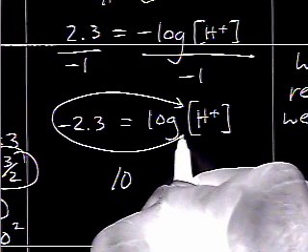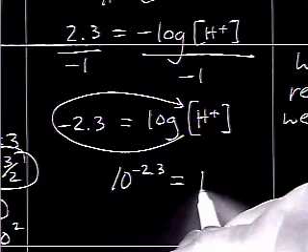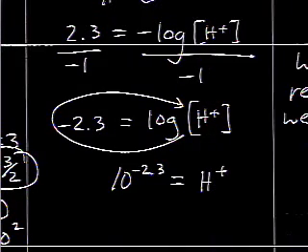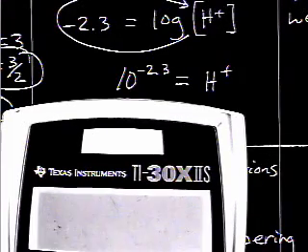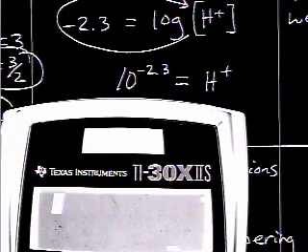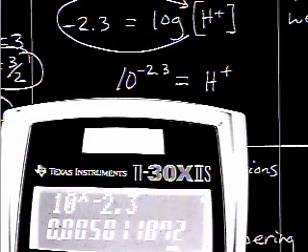So 10 to the -2.3 power is equal to the hydrogen ion concentration. So 10 caret -2.3, 0.005 approximately.